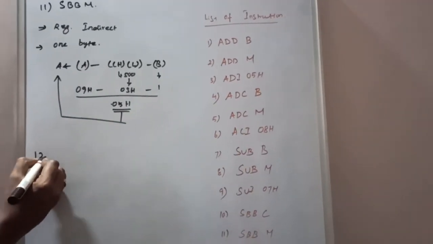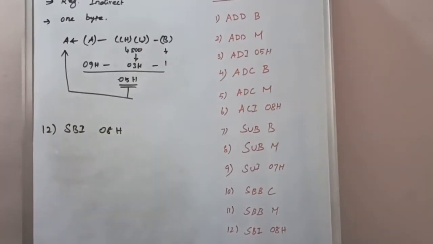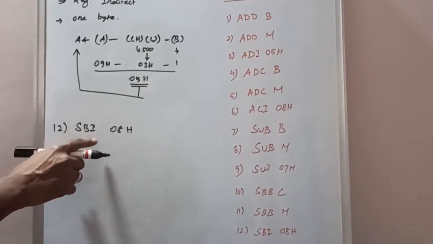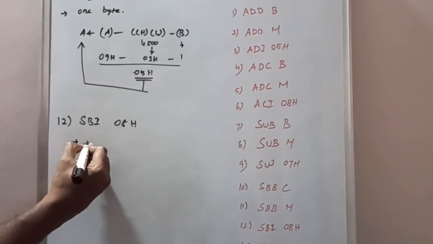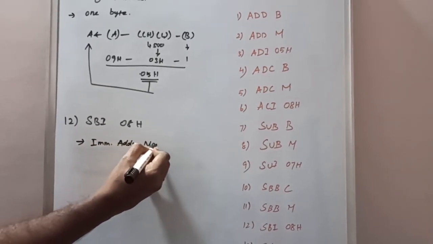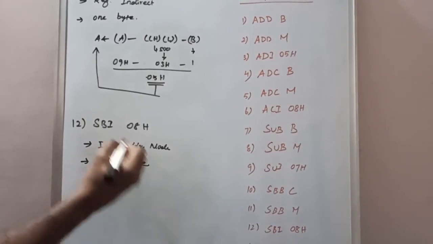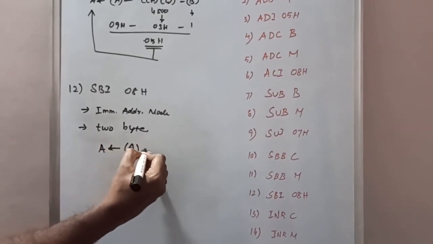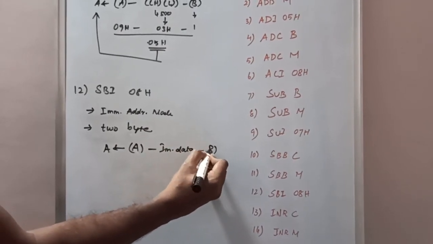Next one, the 12th instruction, SBI 08H. In this instruction also you consider the borrow value, and in the instruction itself you pass the 8-bit immediate data. The type of addressing mode: immediate addressing mode. Byte of instruction: 2 byte. The function of instruction: A gives A minus immediate data minus borrow value.